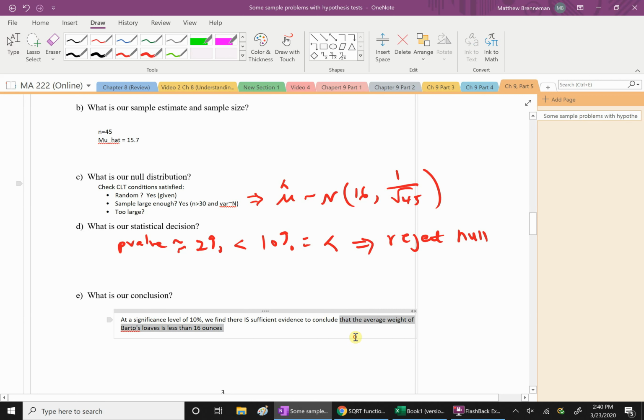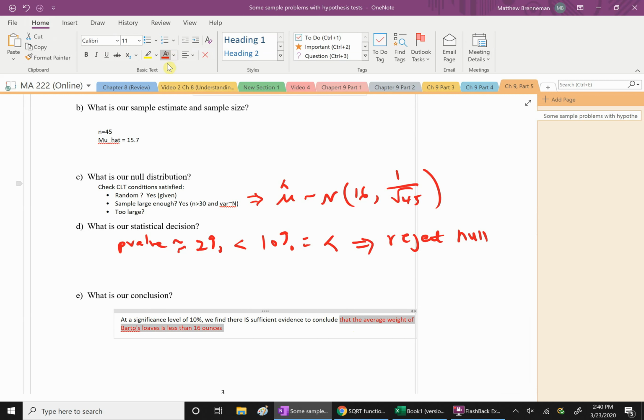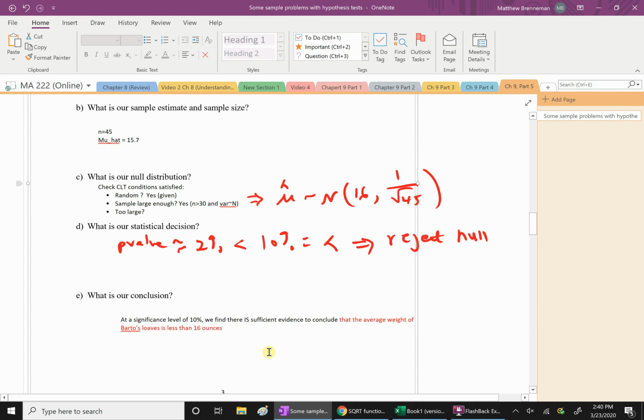Notice that this is the alternative. Okay. So we find either there is or is not sufficient evidence to support the alternative. And in this case, we find there is. All right, good.